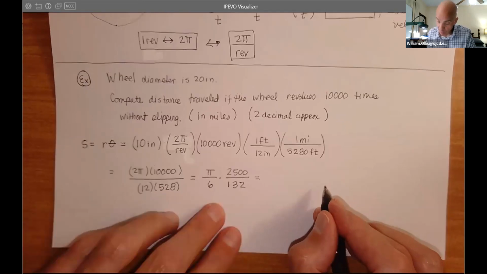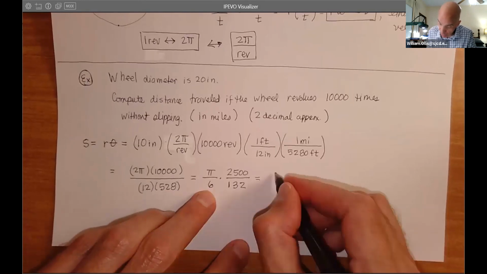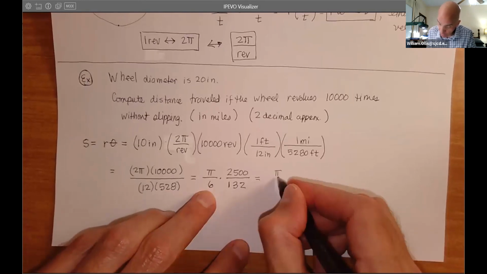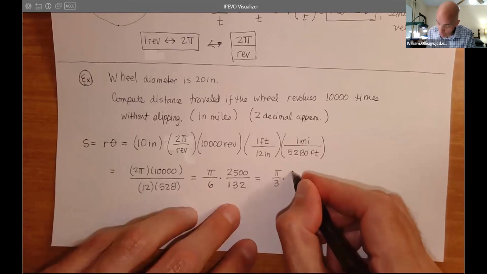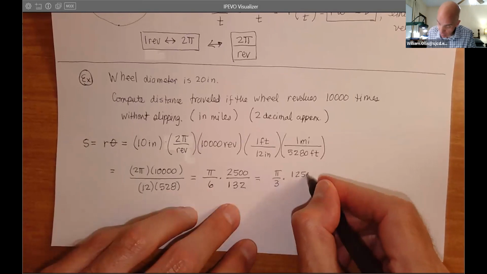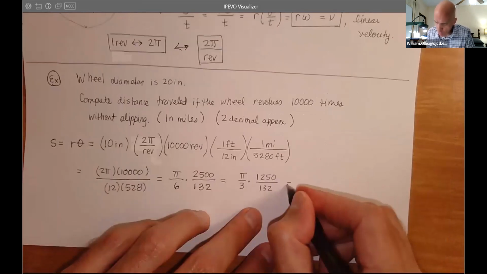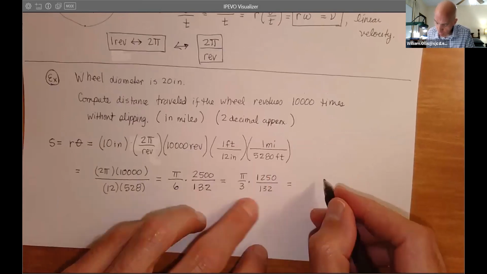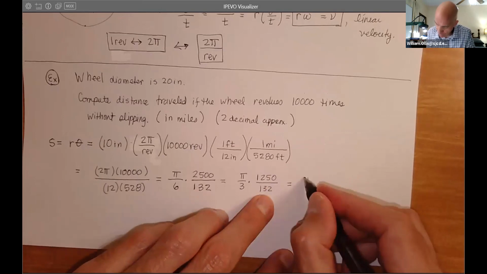And so now let's just keep going. Let's divide by 2, so we've got a pi over 3, and then we've got a 1, 2,500, 132. Of course that 3 doesn't go anywhere. Here we've got another 2, so pi over 3.